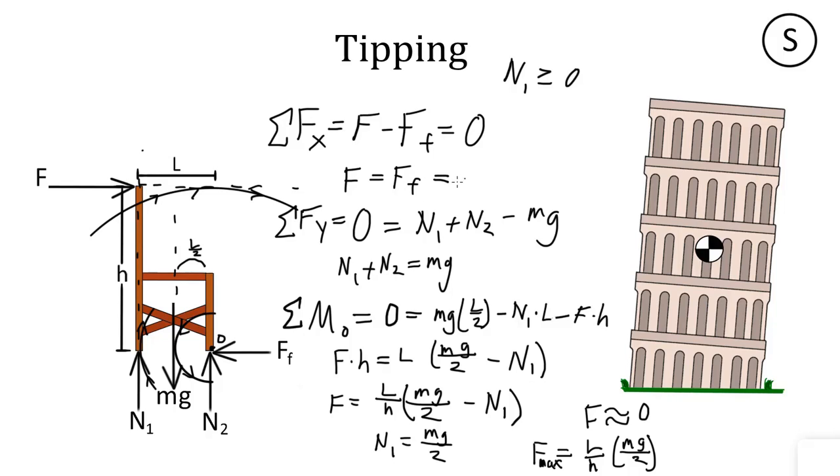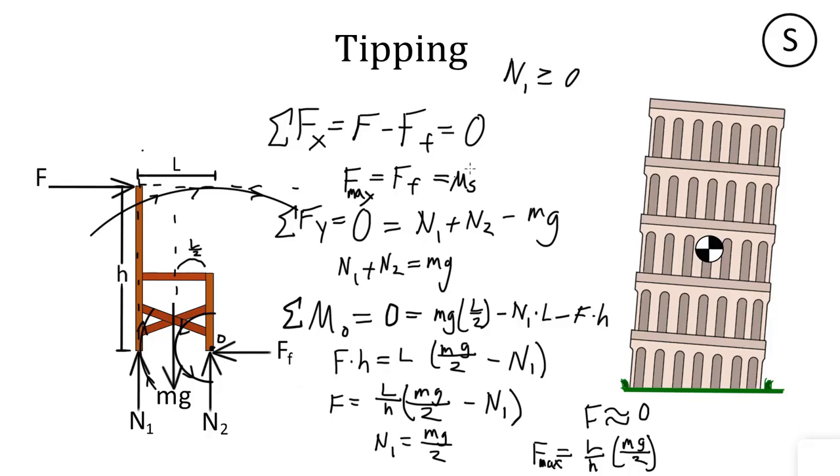And really, when you're going to get a max for F, it's going to be at static friction, because after static friction, it's going to be kinetic friction. And basically, instead of having a static problem where the chair is staying right there, you're going to have translation in the end. And so this is going to be the max. Of course, you can keep on pushing it more until it accelerates.